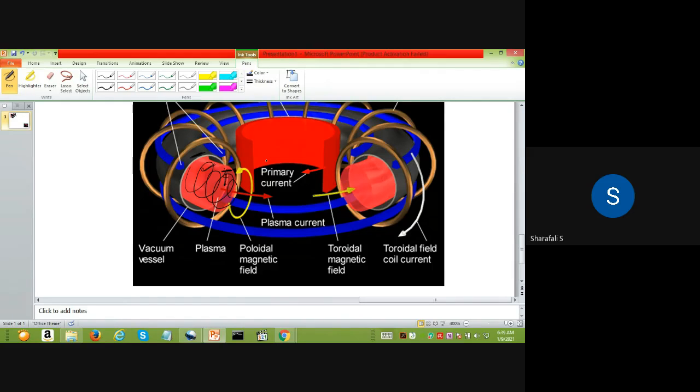Still, we need more current to produce this magnetic field for this confinement and all those things. We need a very high temperature to be made inside this particular design for that plasma state.